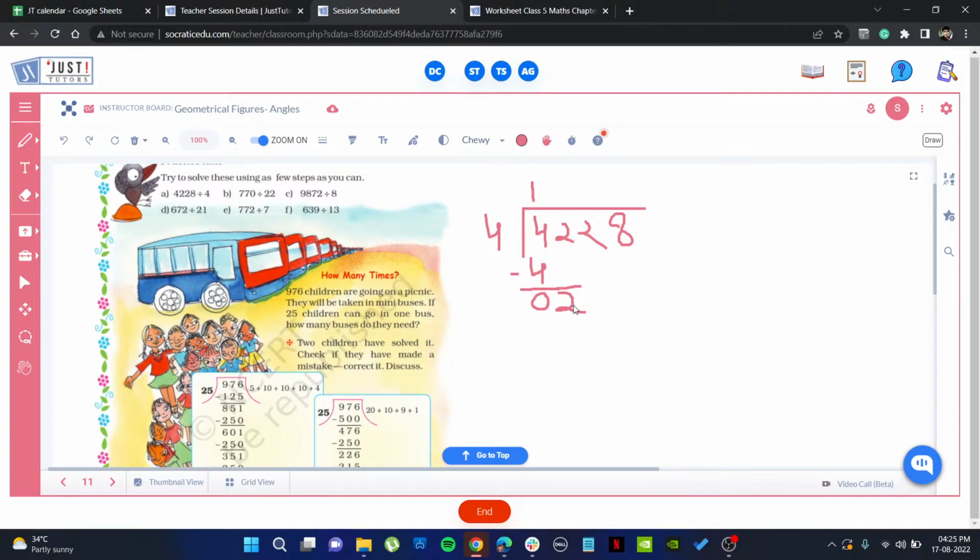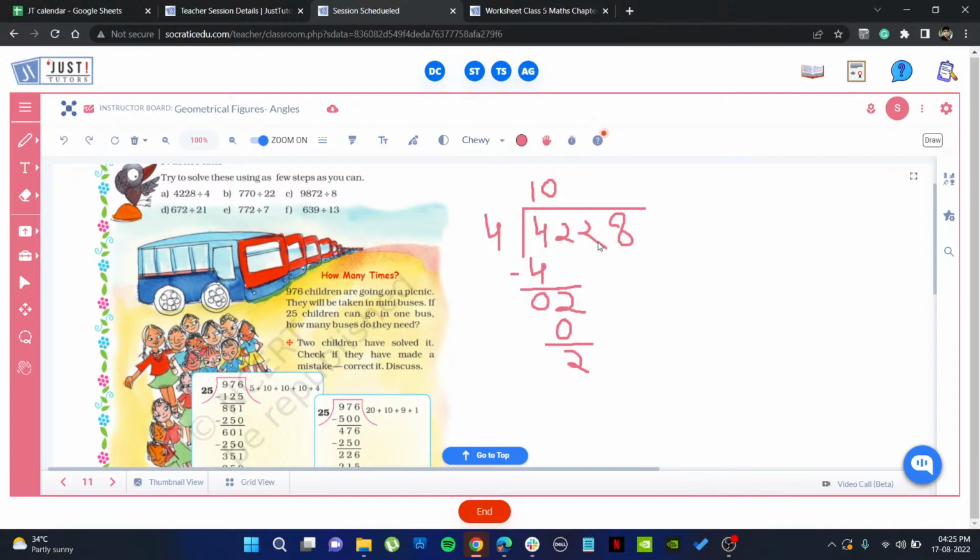As if we multiply 4 by 1, we are getting 4, which is more than 2. So it means that we cannot subtract larger number from the smaller one. Therefore, in that case, we should times 4 by 0. So 4 times 0 gives us 0, which we will be writing here. So it means that if we take away 0 from 2, we get 2.